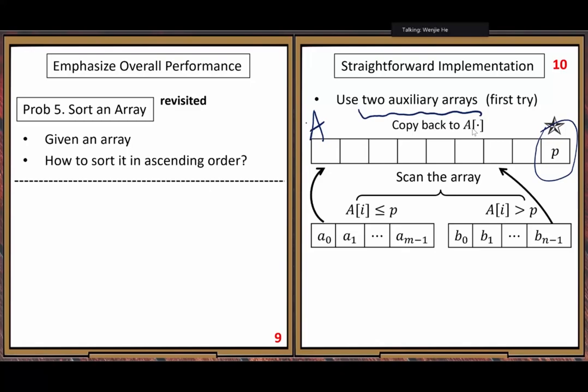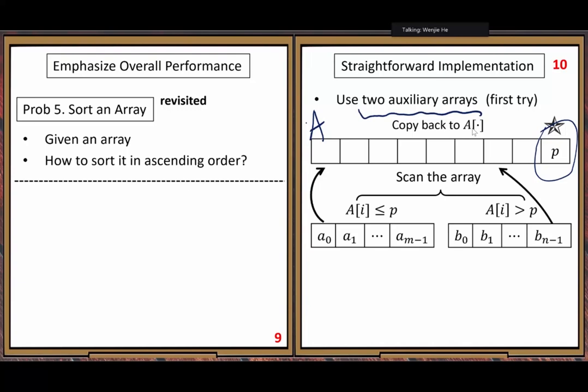So now we want to improve with respect to memory resource usage. To make it simple, we want to eliminate these two auxiliary arrays.